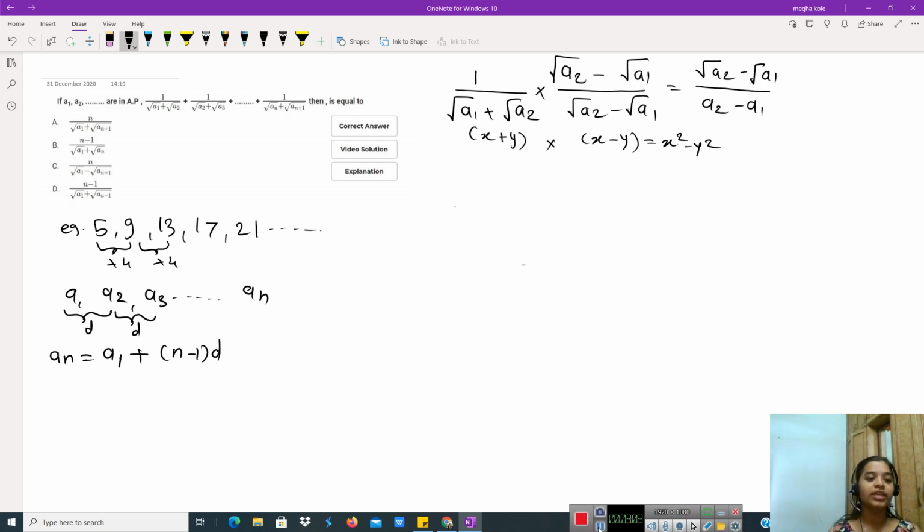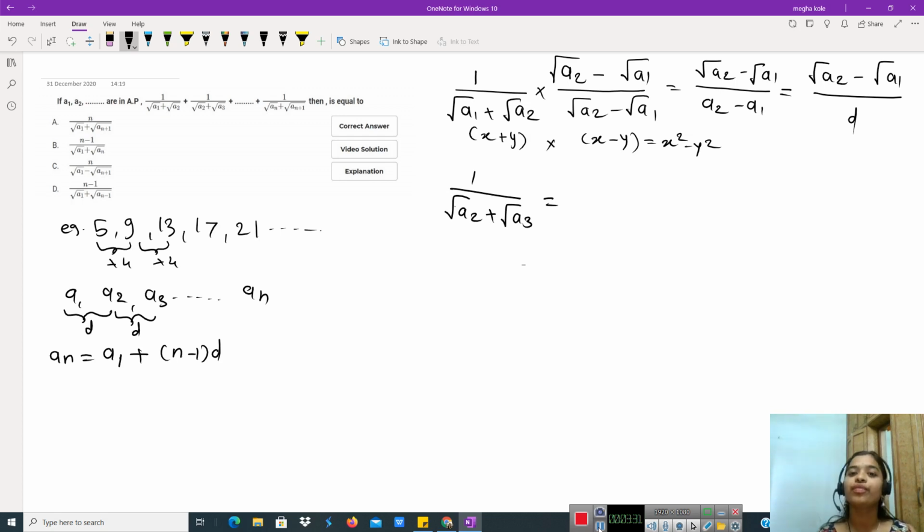Now see here, A1, A2, A3, as they are in AP, the difference between every two terms is D. So we can write this as square root of A2 minus square root of A1 upon D. Okay, so for the further term, it is 1 upon square root of A2 plus square root of A3.